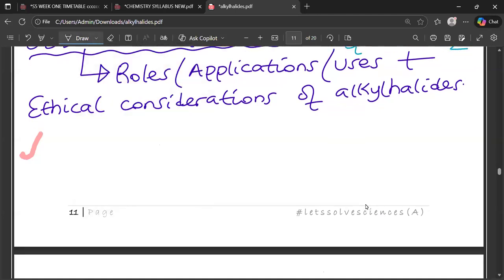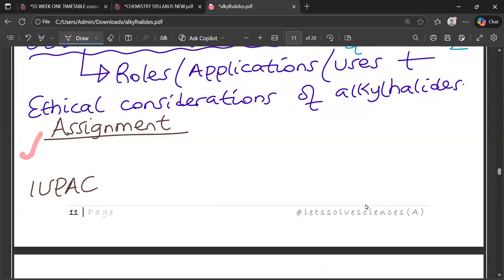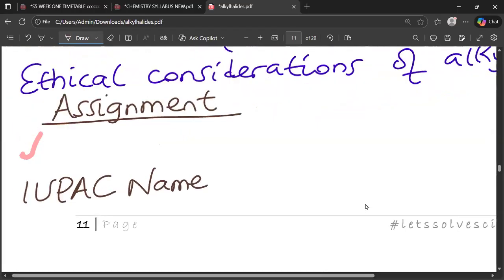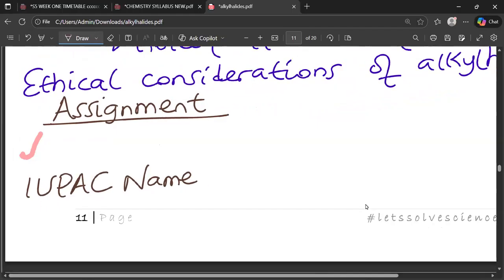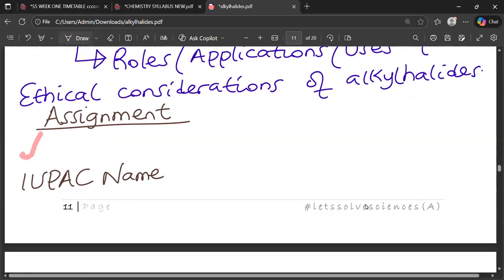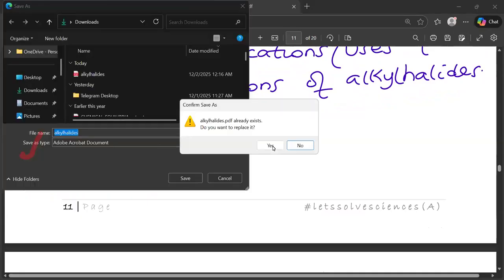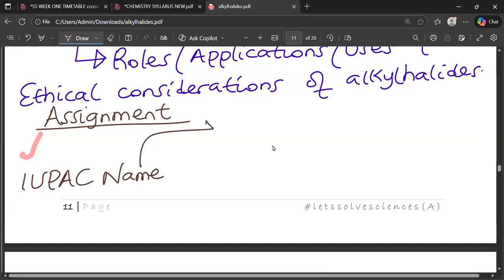Then this is the assignment. I want you people to give me the IUPAC name of this.